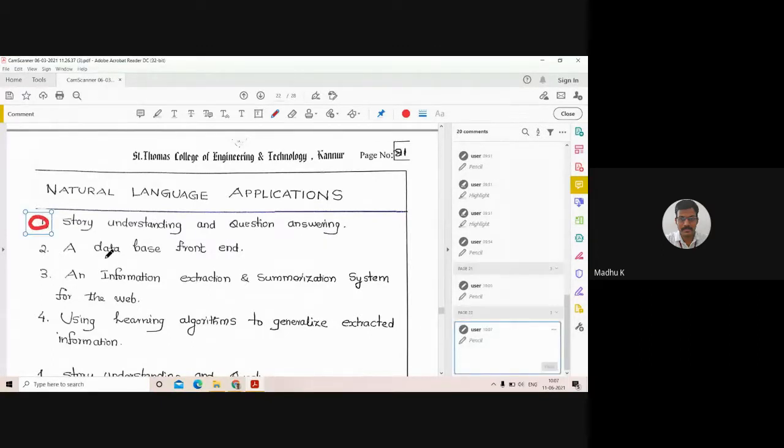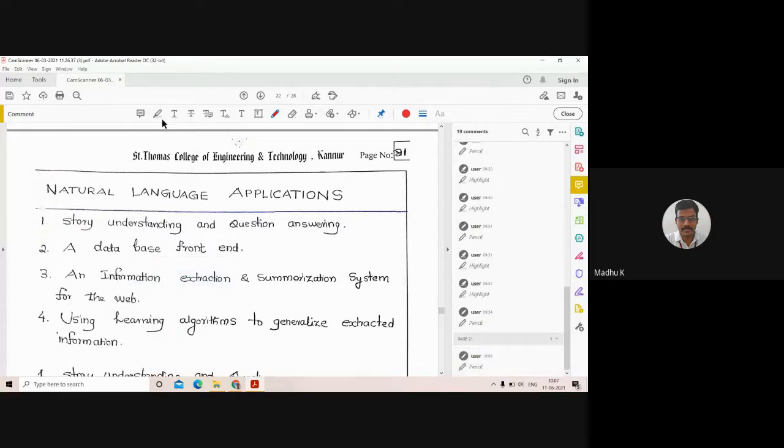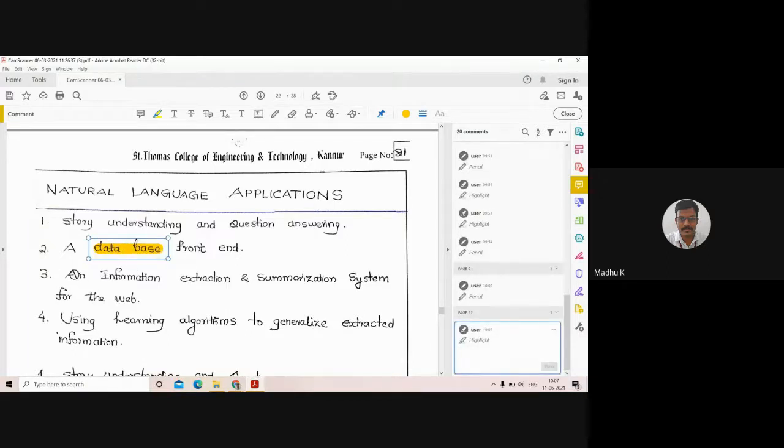The second one is that it can be used as a database front end. Then the third one is an information extraction and summarization system for the web.